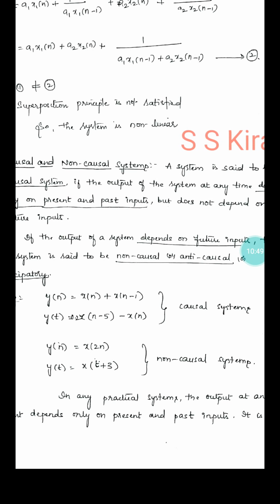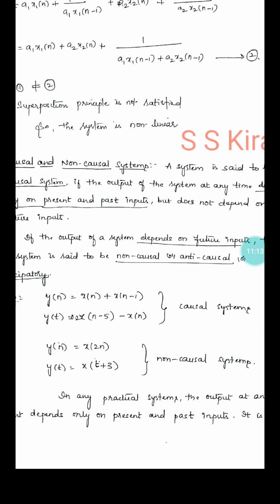Y of n equal to x of n plus x of n minus 1. Y of n is equal to 2 into x of n minus 5 minus x of n. These systems are called causal systems. Present and past inputs are what they depend on in a causal system. Coming to a non-causal system, it depends on the future inputs.